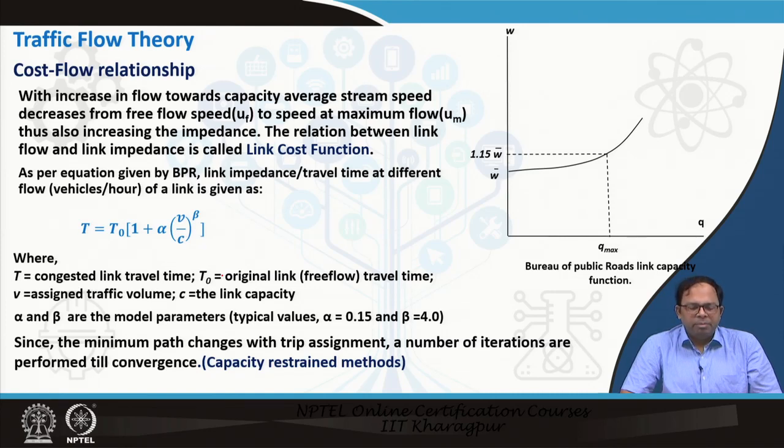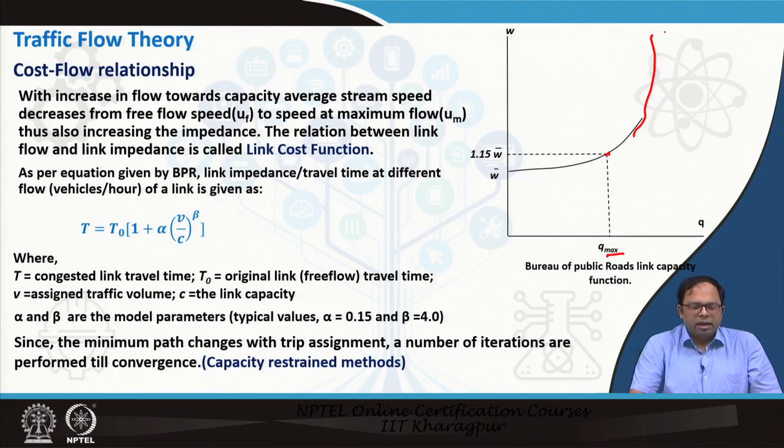So that means impedance also increases gradually, and this relation between link flow and link impedance is called the link cost function. Now in this equation, you can see that we have Q max at this particular point, and then at one point this will become flat. So that means it will not increase further.